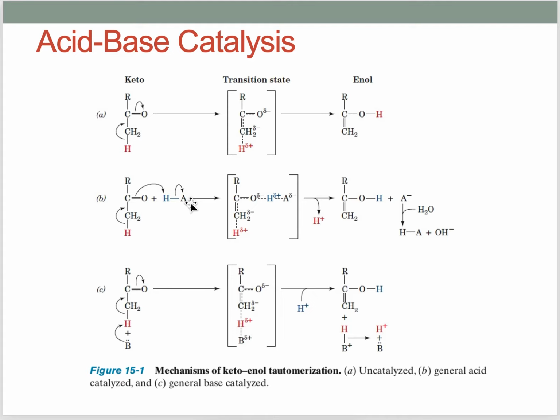That means it can donate a proton. In that case, the acid will donate the proton to the keto, and this proton will bind with oxygen. Eventually this will facilitate the release of hydrogen from the keto structure and enol will be formed.